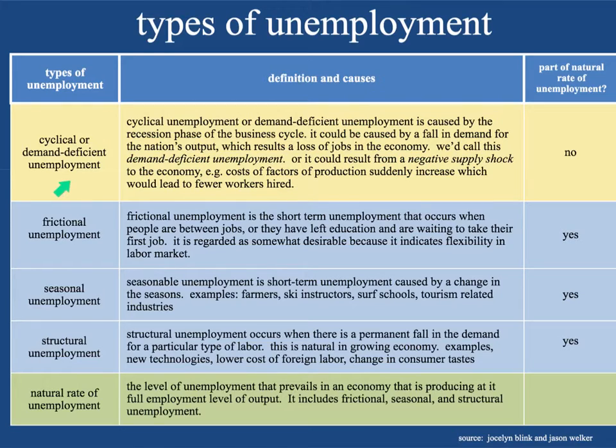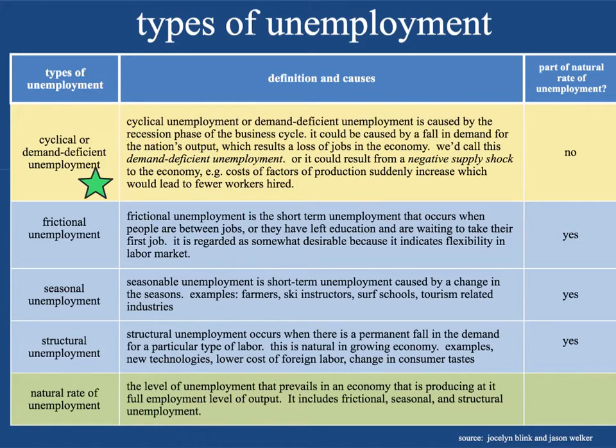Okay, so this demand deficient or cyclical unemployment is the kind of unemployment that you're going to express using the labor force diagram, and in further videos you'll see. Also, you could express this using the aggregate demand and aggregate supply video. Okay, so that's number one, cyclical demand deficient unemployment.